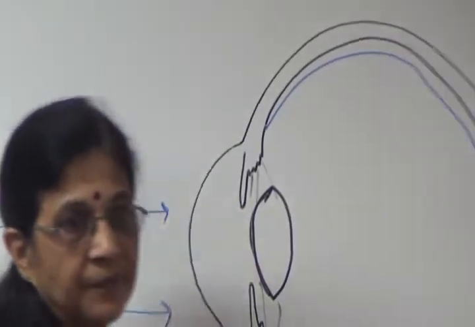It is called refractive error, it is not called refractory error. Sometimes I see students calling it refractory error, and even young faculty calling it refractory error. No. Right? Then the third problem may be somewhere here.